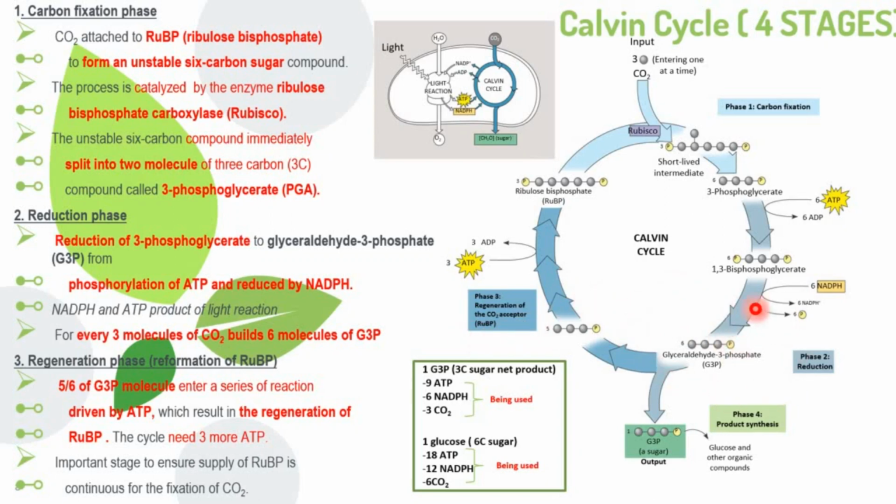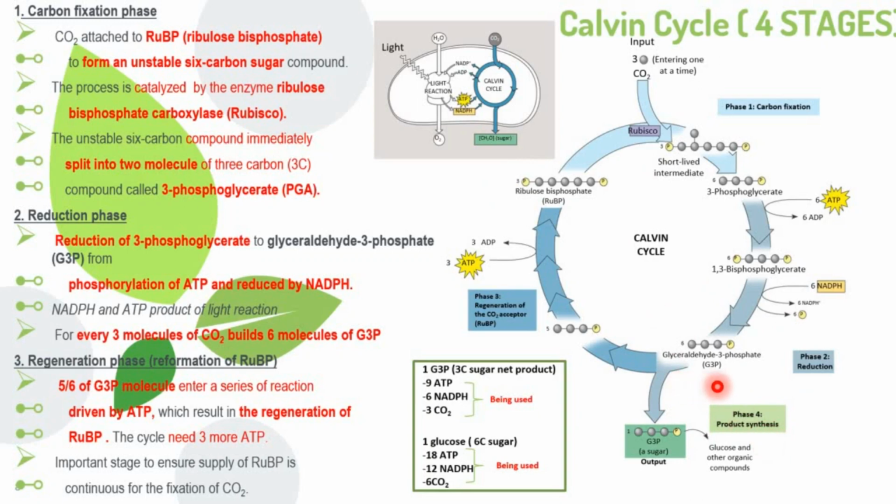The 5 molecules of G3P undergo a series of reactions, recycle and regenerate to produce 3 molecules of RuBP. RuBP is the carbon dioxide acceptor. Then the remaining 1 molecule of G3P undergoes the fourth phase, product synthesis.